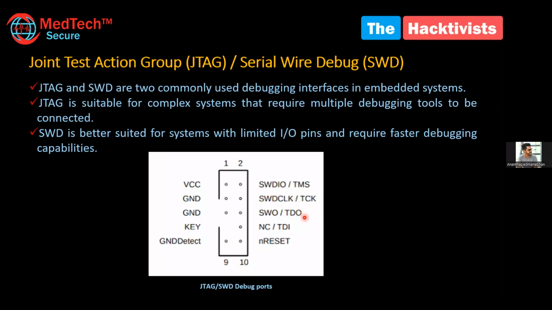In those cases, we'll go with JTAG, where we have separate pinouts for input and output. This is just an overview to help you understand the major difference between JTAG and SWD, which are common debugging interfaces used in IoT devices.